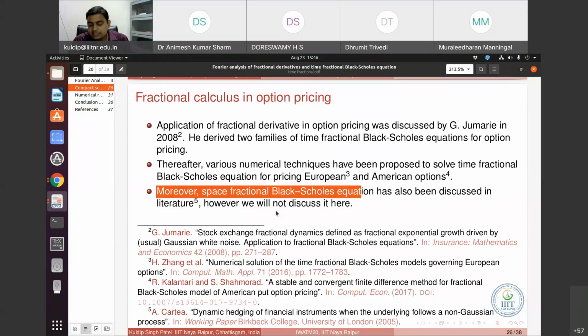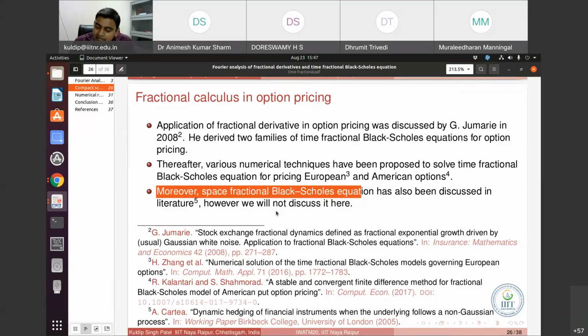Similarly, what the option pricing PDE literature suggests is that of course we have the Black-Scholes equation, but we all know that it is not close to the real market, right? So the claim is that we can more closely capture the realistic phenomena by using these fractional derivatives. Why?